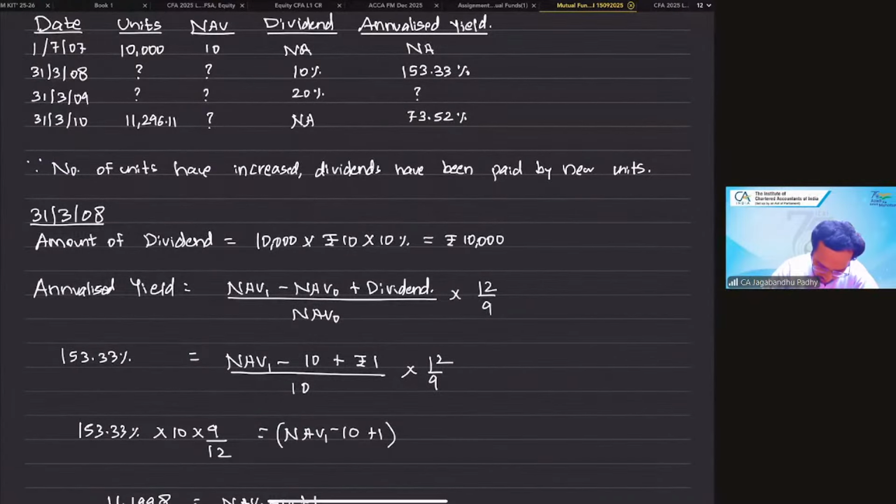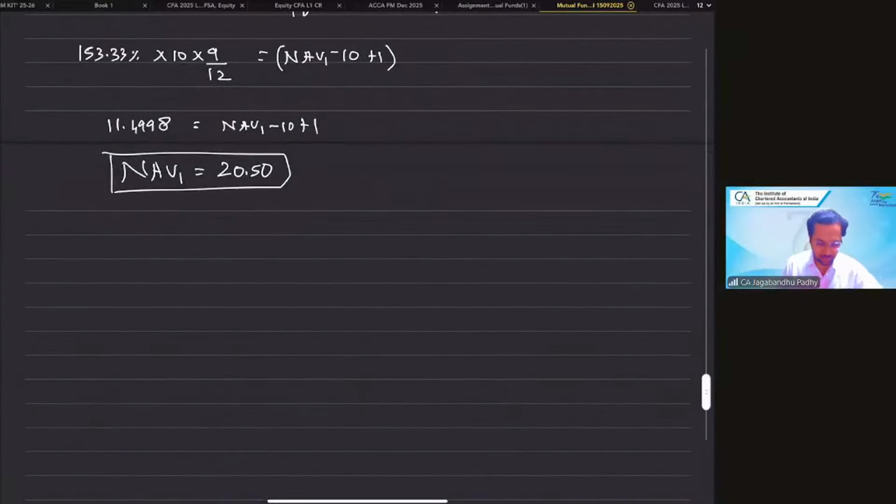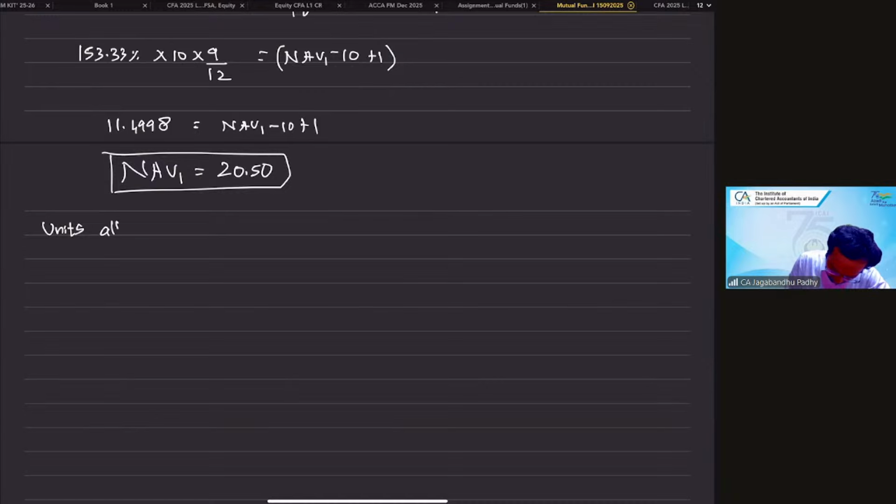So the first part, this 20.5, is done, but we also need to know the number of units. Why? Because based on this number of units, your dividend is going to be decided for the next year. So the units allotted as dividend need to be calculated. Units allotted as dividend is going to be 10,000 rupees divided by 20.5.